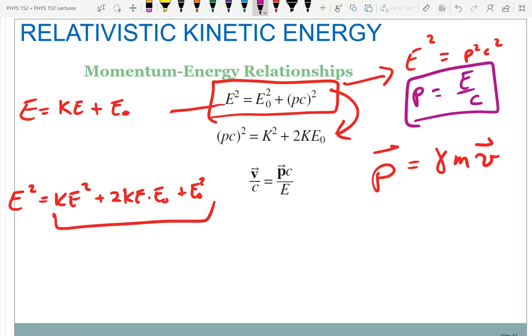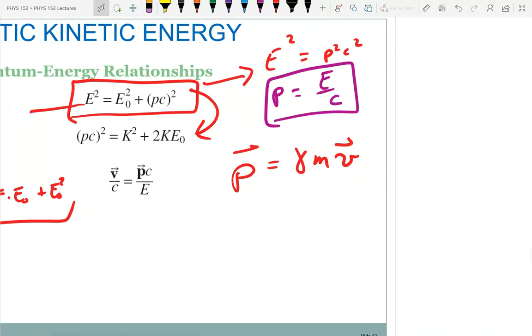Now, what's different between this equation and this equation? The difference in the equations there, I trust, is that one's a vector relation and one's not. And so I had to do a little work there. But this here is specific to the momentum of particles with zero mass.